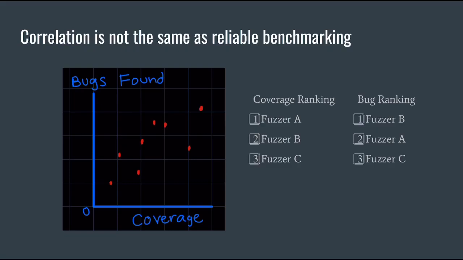But correlation alone is not enough for benchmarking, and what we care about really is ranking the fuzzers. Even with strong correlation overall, coverage and bug counts can still disagree about which fuzzer is best. For example, fuzzer A has high coverage but ranks below fuzzer B in the number of bugs found.